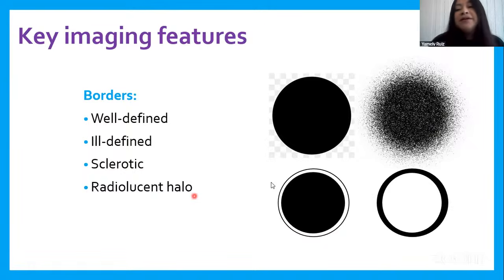Radiolucent halo applies only to radiopaque lesions. When these radiopaque lesions are surrounded by a radiolucent border, that's the meaning of radiolucent halo. And as I mentioned earlier, that's not applied to all the lesions, only in particular ones.